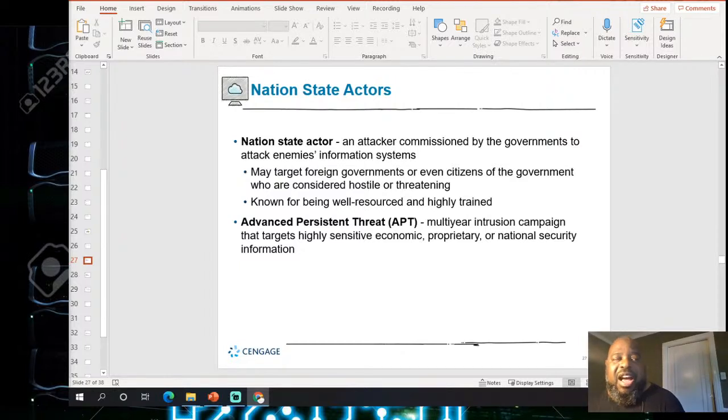Right, so that's my get out of jail free card. Oh, we got hacked by a nation state. It wasn't my fault. That's at the top of the line. It's sponsored by everybody: Russia, China, Japan, Iran.